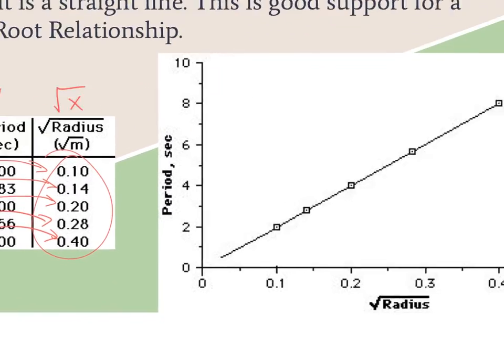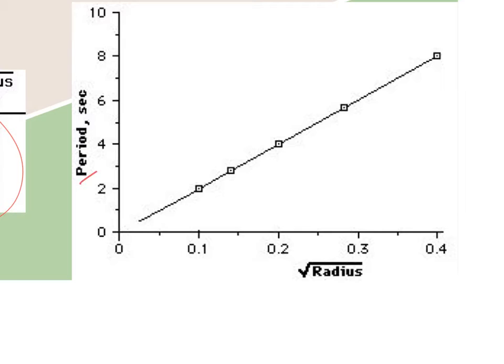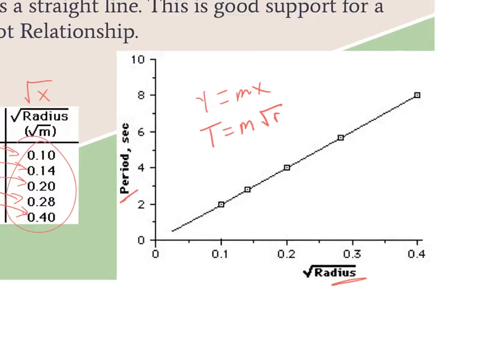And then when we graph that, so here we have period versus the square root of the radius, we should get a straight line linear relationship where it's, again, t is equal to the slope times square root of r. So y equals mx. And there's our linear relationship.